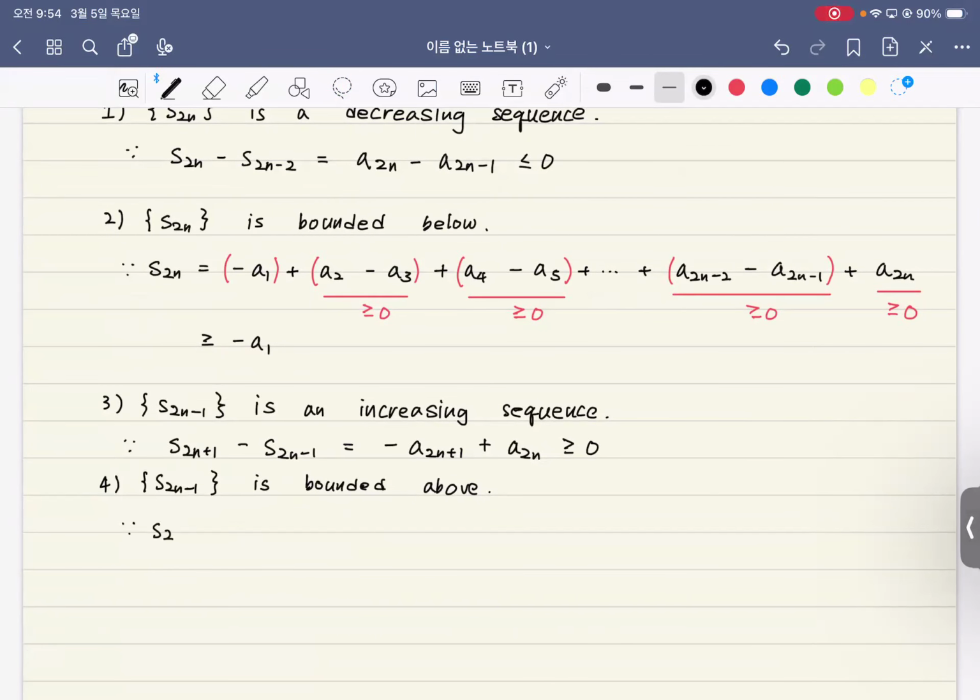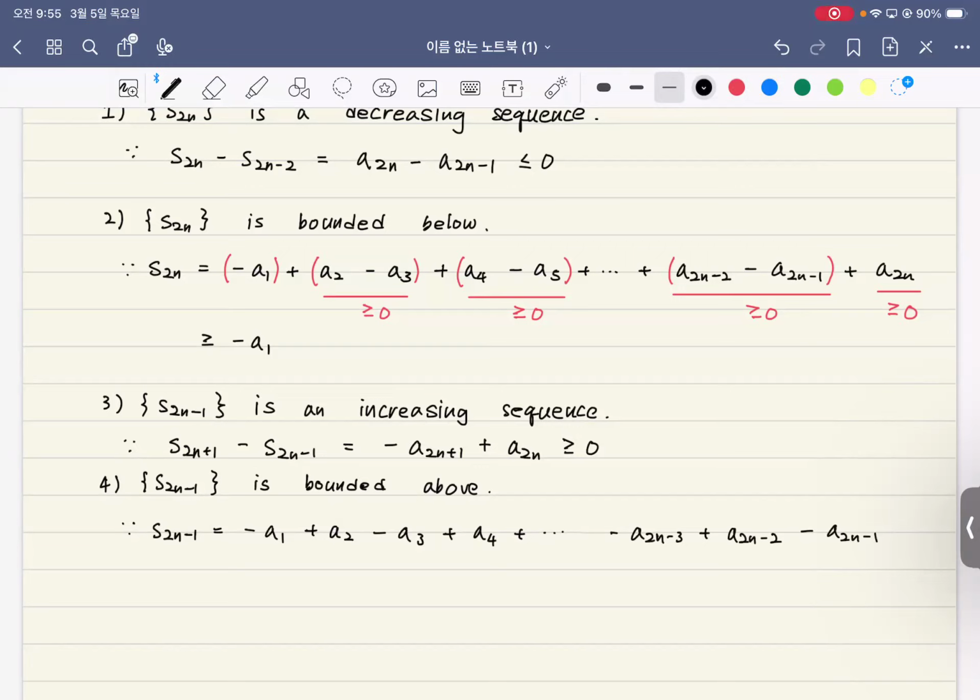Because S2n minus 1 is minus A1 plus A2 minus A3 plus A4, and so on, minus A2n minus 3 plus A2n minus 2 minus A2n minus 1.